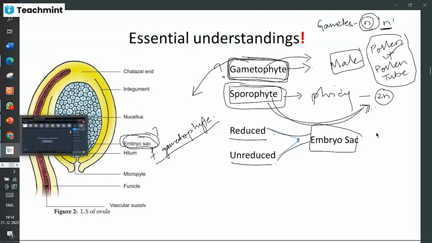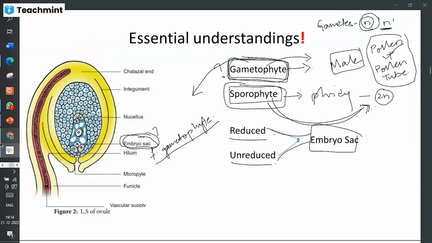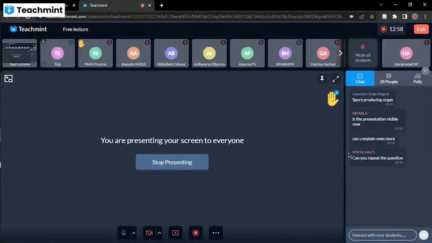So what do you mean by the reduced embryo sac and what do you mean by unreduced embryo sac? Have you heard these terms? Maiti, can you tell me whether you heard about these terms? If you know, you can answer it. Anyone?